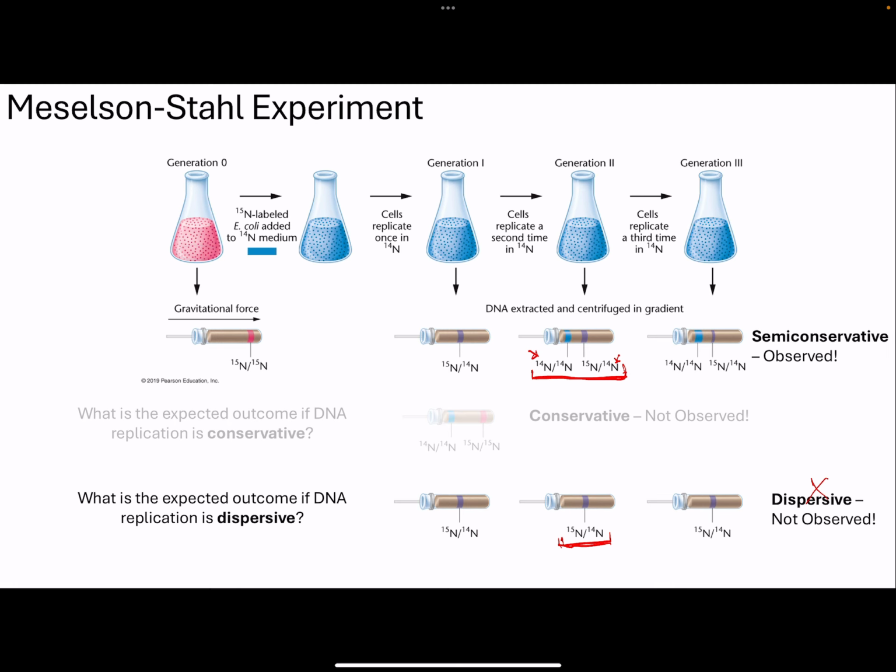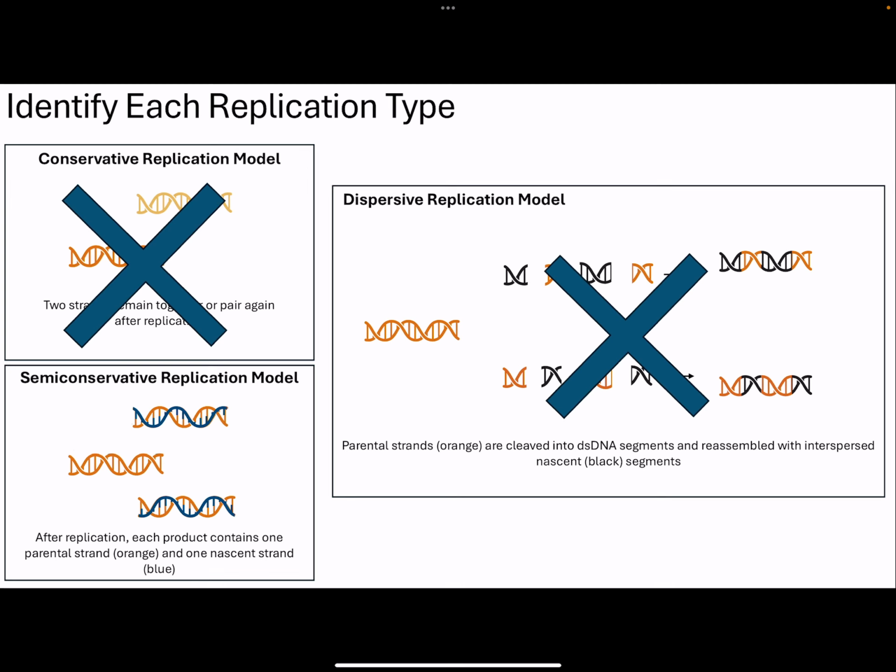Okay. I know that it's kind of confusing to hear N14 and N15 over and over again, but if we think back to our replication types in the cartoon version, what we're really saying is that this version of replication can't happen because we always have some version of hybrid molecule. So conservative is ruled out.